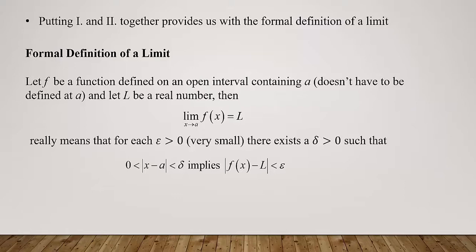What this is saying, in not so many words, is: for every epsilon greater than 0, you find a small interval around a, on the x-axis, such that for every x you pick in that interval, the functional values, the f of x's, are within epsilon units of L.